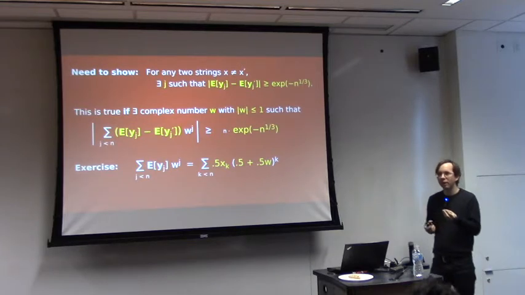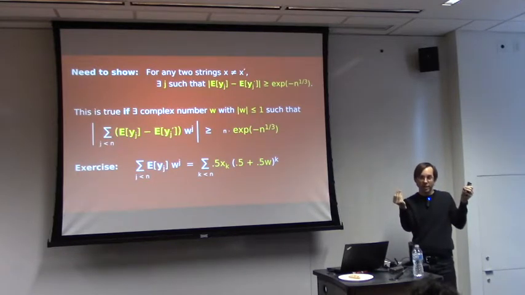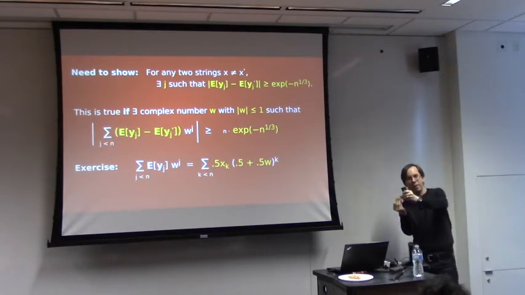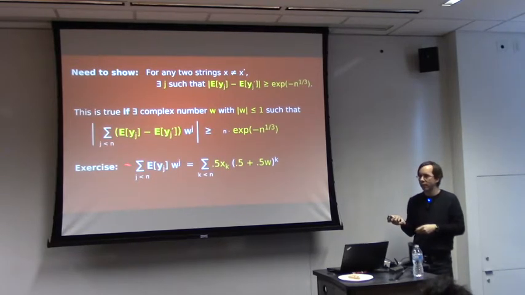The contribution to yj, the jth trace bit, comes from all the bits of x that are at positions j or higher. And for each position higher than j, there's some probability that when you delete every bit with probability half, that x lands on the jth spot. And that gives some contribution to the expected value of yj.